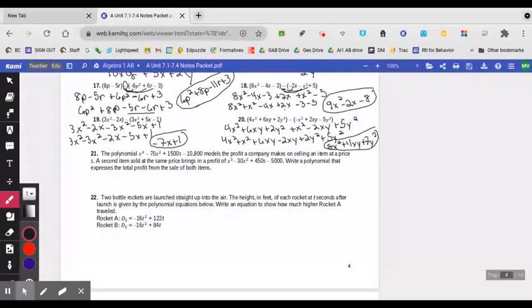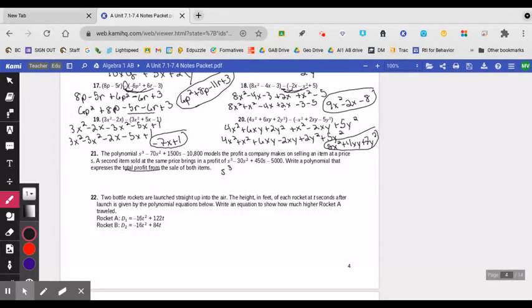Polynomial s cubed minus 70s squared plus 1500s minus 10,800 models the profit a company makes by selling an item at a price s, and the second item sold at the same price has a profit of that. Write a polynomial that expresses the total profit. So the total profit is I'm going to combine those two equations.